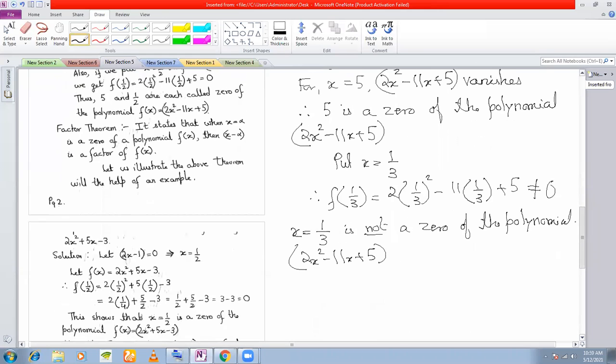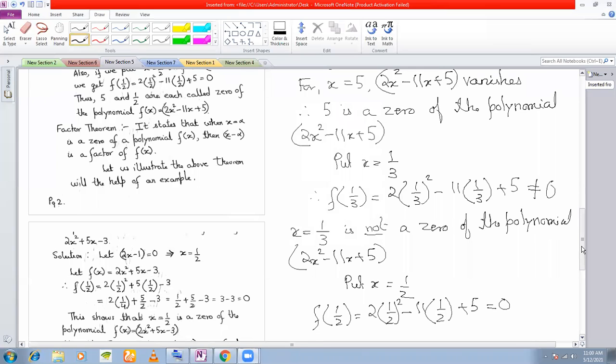Similarly, in the same polynomial, if you put x is equal to half, you get f(1/2) is equal to 2 into (1/2) square minus 11 into 1/2 plus 5, which you can simplify to get 0 here.